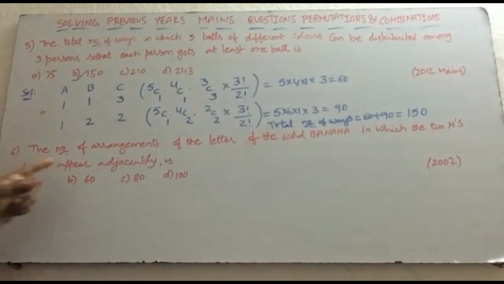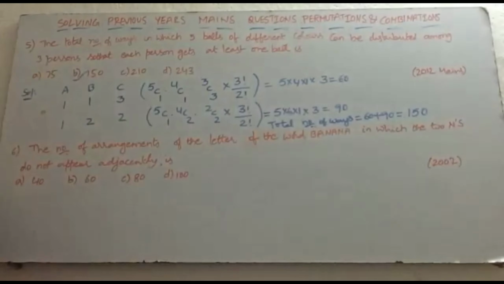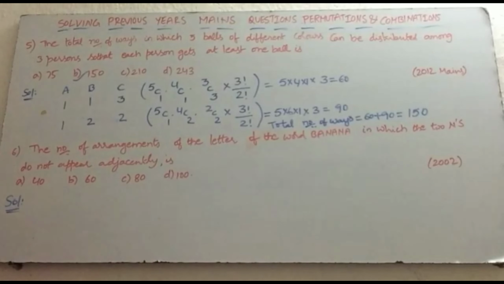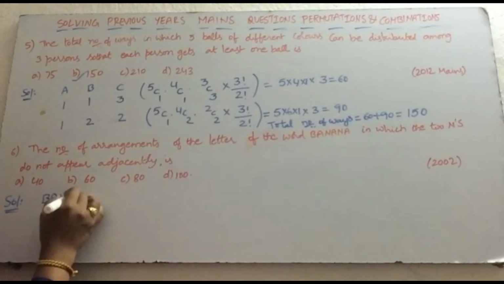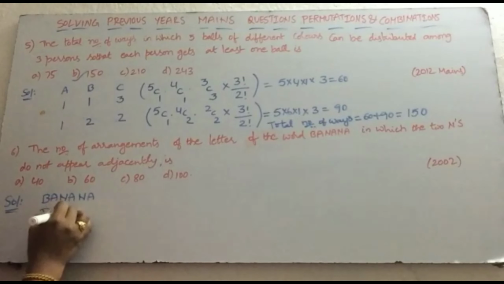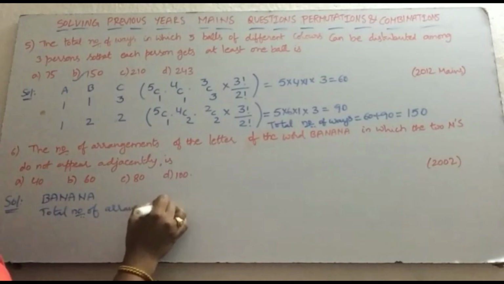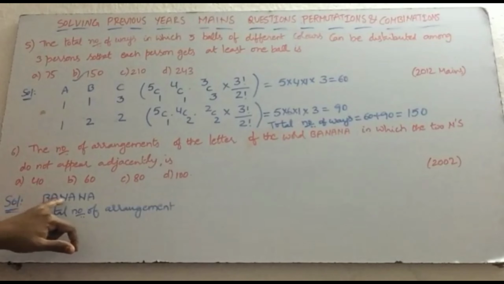And the next one, the number of arrangements of the letters of the word BANANA in which the 2 N's do not appear adjacently. So for this, first of all, the total number of arrangements. How many letters are there? 1, 2, 3, 4, 5, 6.